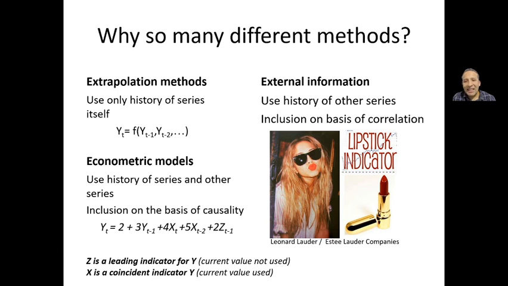Well, the answer is that before recessions, as lipstick is the cosmetic that is cheapest to buy, women buy a lot of lipsticks. They stop buying more expensive stuff, and lipstick sales increase just before recessions. So this is a very interesting point.